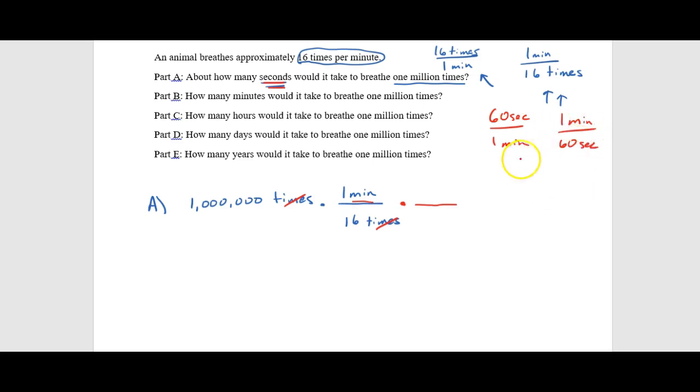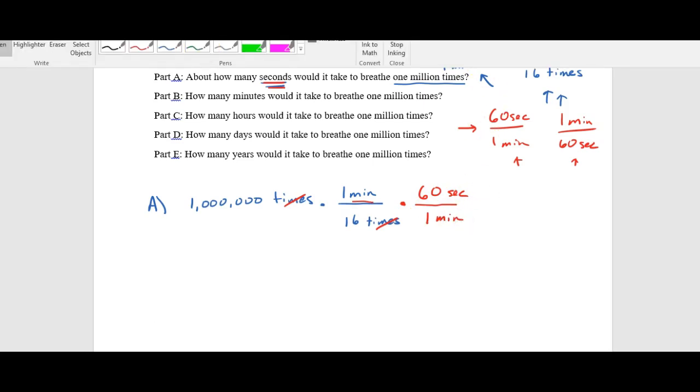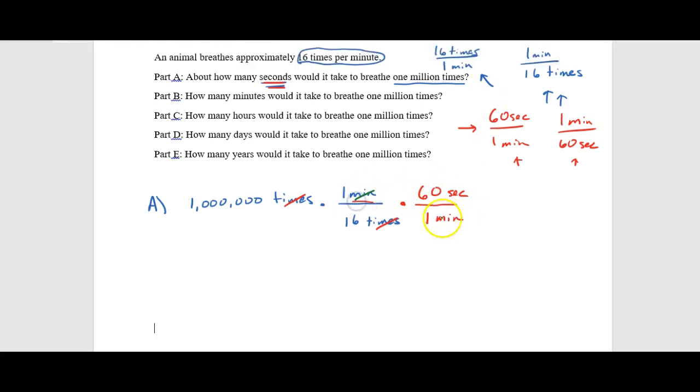Which one of these two would I want to work with? I want to work with this one because if I write it here, then minutes and minutes will cancel out, and the only unit that I have left in the entire problem is seconds.